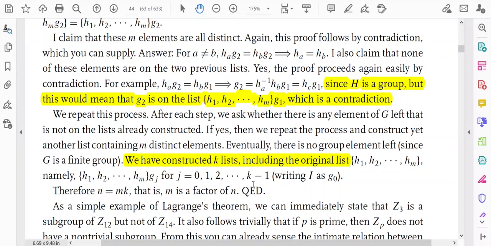So we have ultimately generated k lists, and in each list there are m elements. So what is the total number of elements? m into k, for k lists with m elements in each, and that should be equal to small n, the number of elements in the original group capital G. So n is equal to m into k, that means n by m is equal to k.